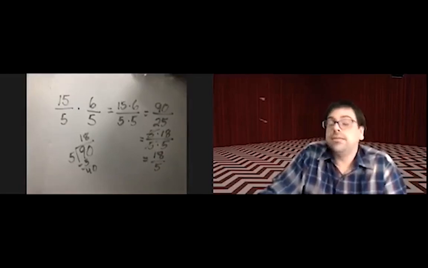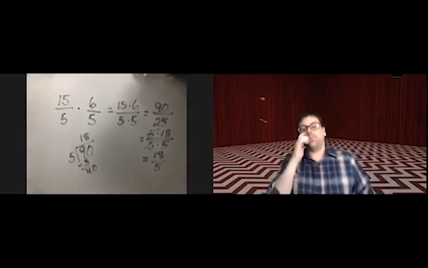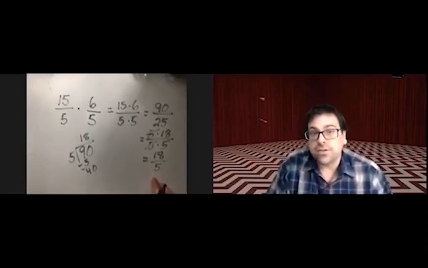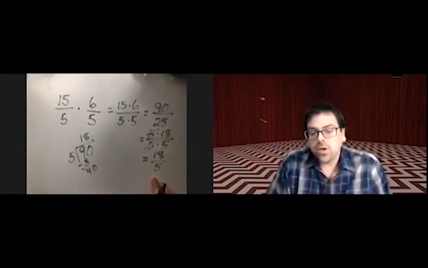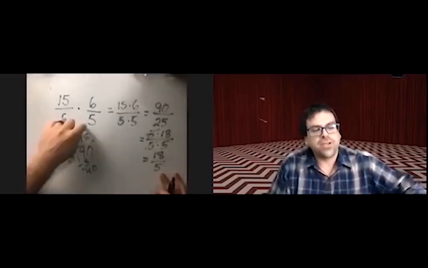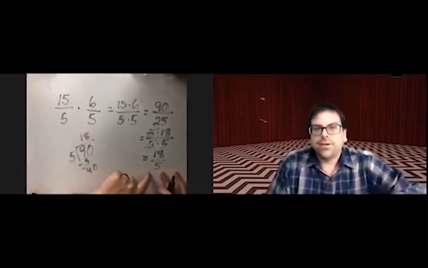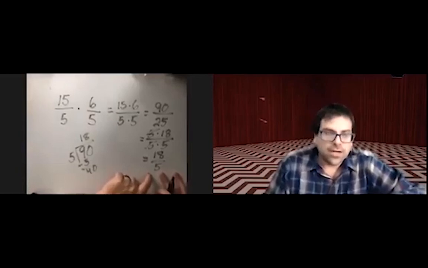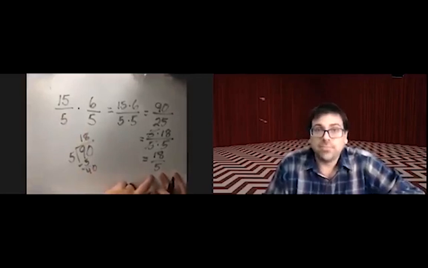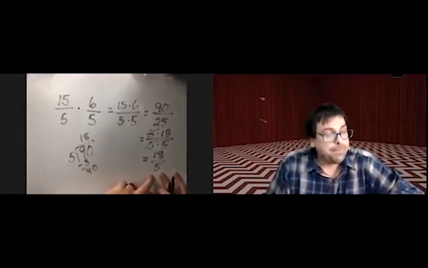And we can leave it in this form, even though it's an improper fraction. Why? Well, our rule is going to be, if there's an improper fraction in the question, you can leave it improper in the answer.